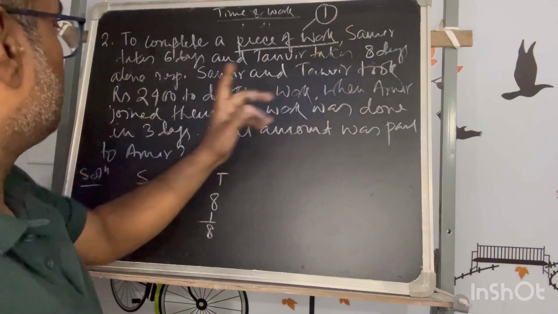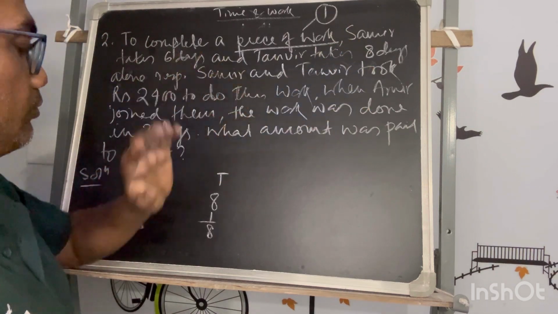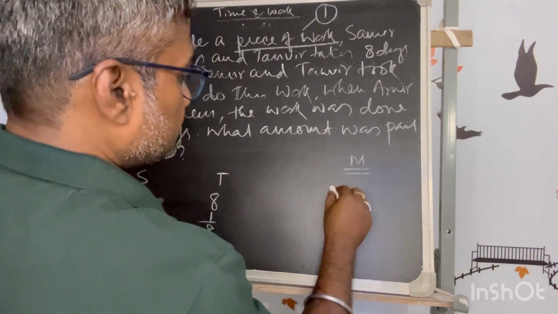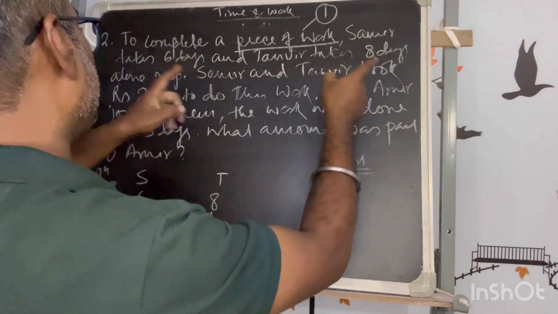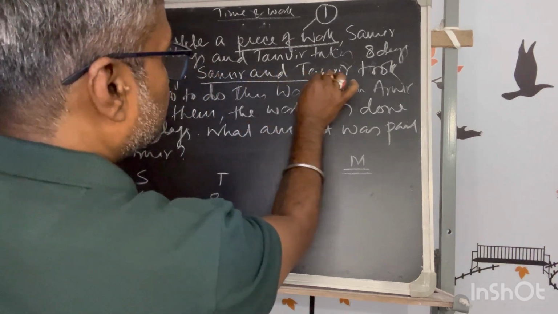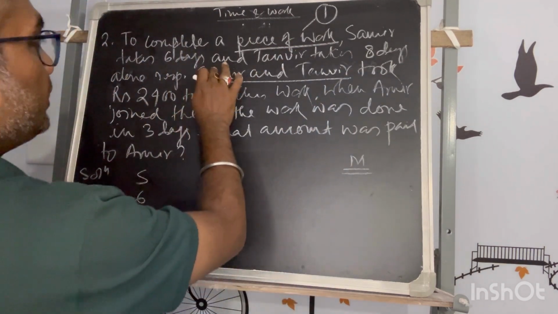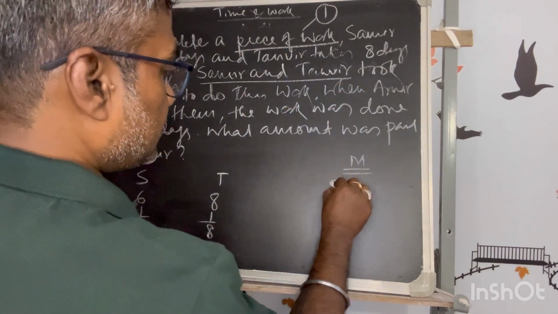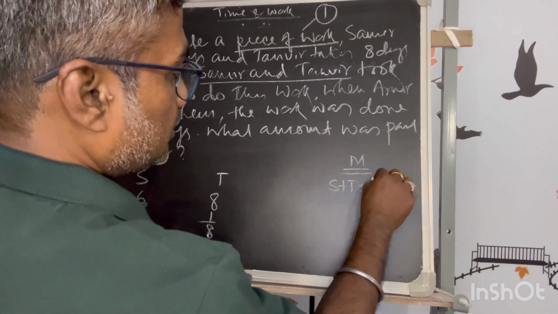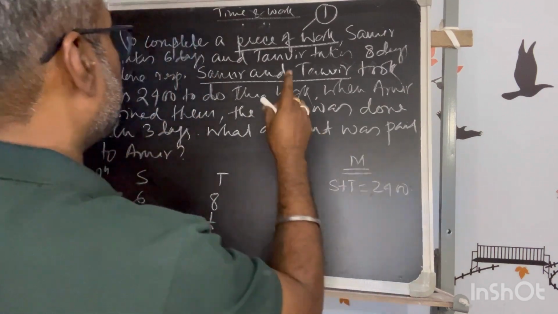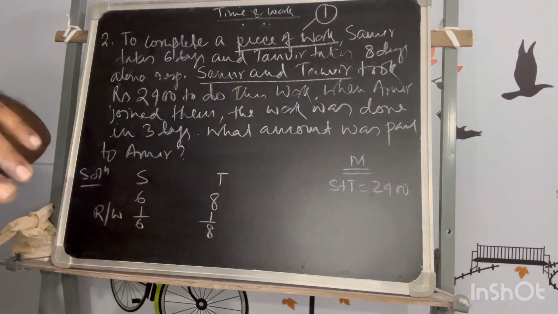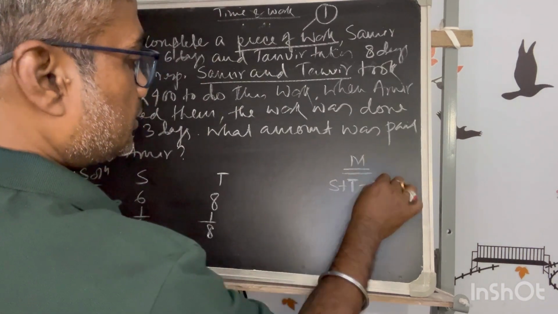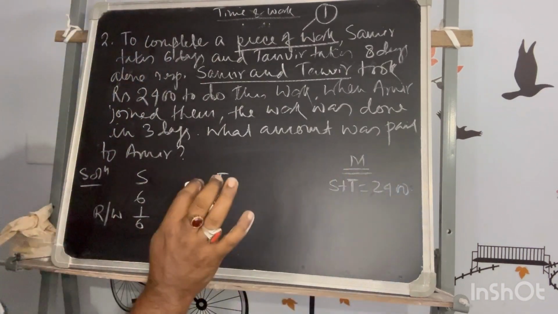Samir and Tanvir took 2400 to do the work. So now money is involved. Samir and Tanvir together get 2400 for completing that job.